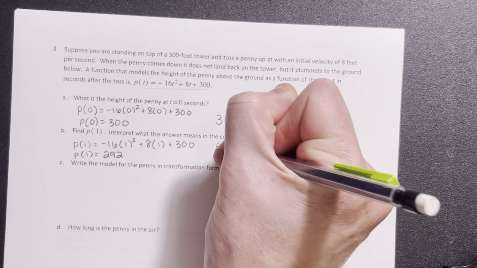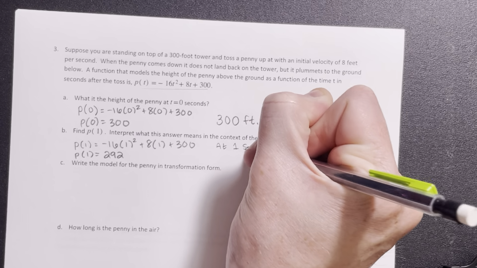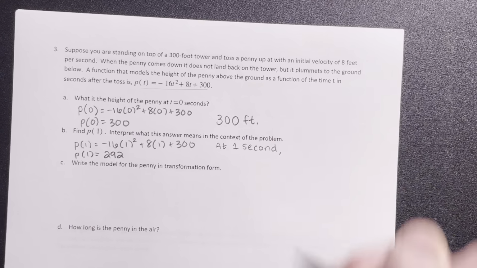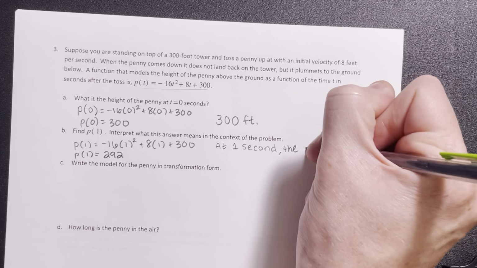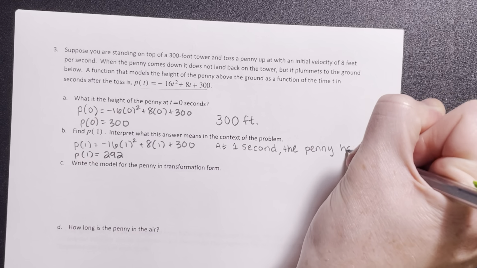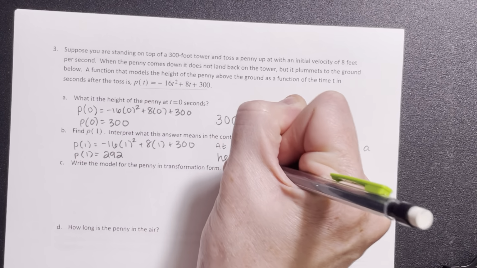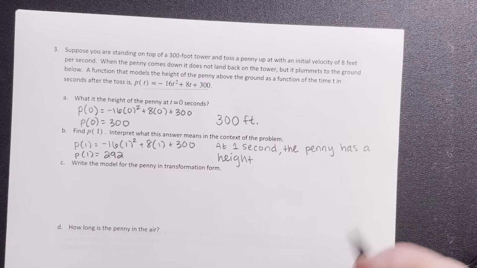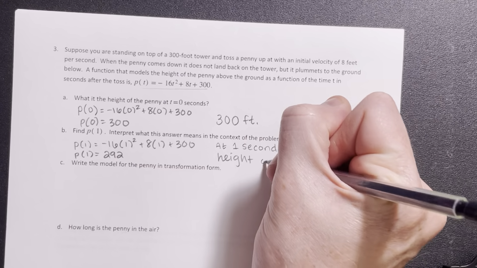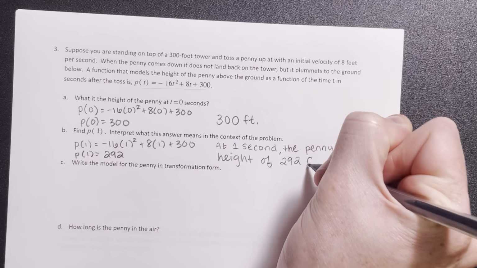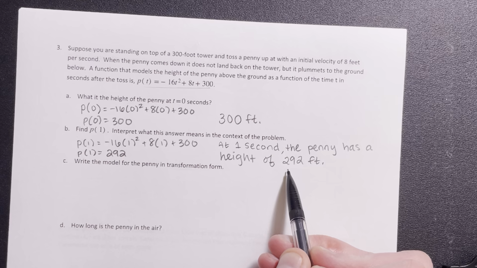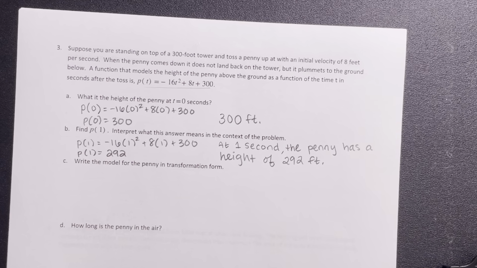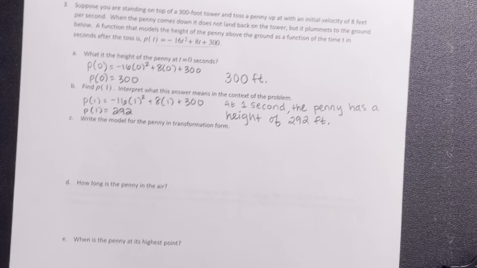This means at 1 second, or even after 1 second, the penny has a height of 292 feet. There's a few ways that you could state that same sentence. You could say something like after 1 second, the penny is 292 feet above the ground, or some other format of that same wording.